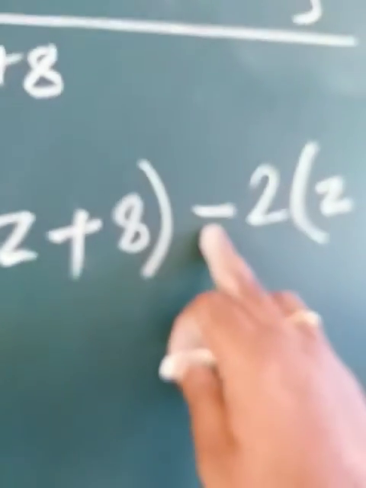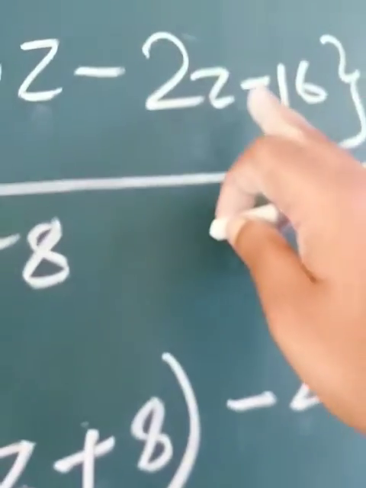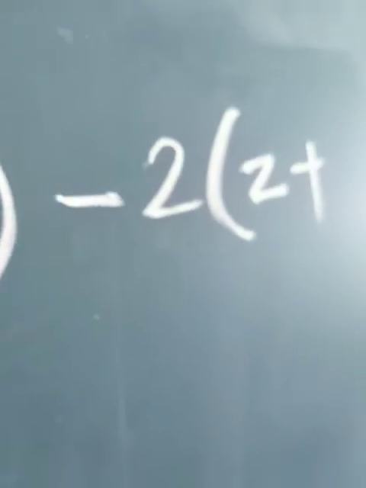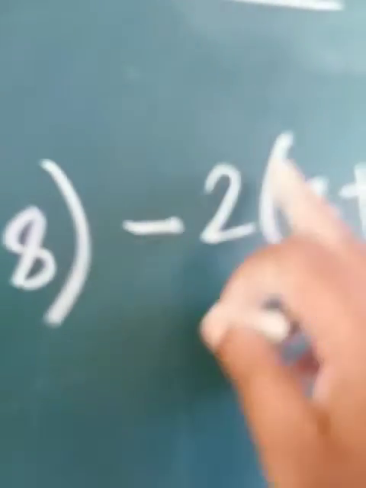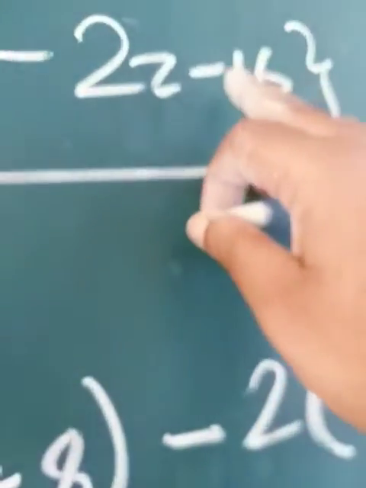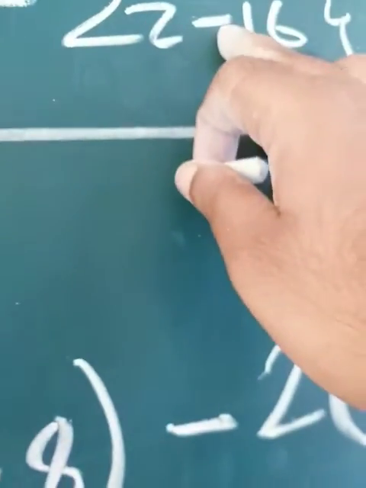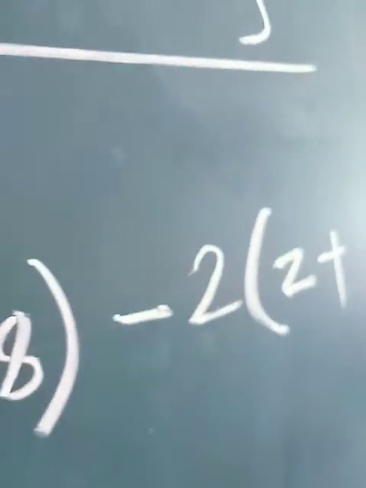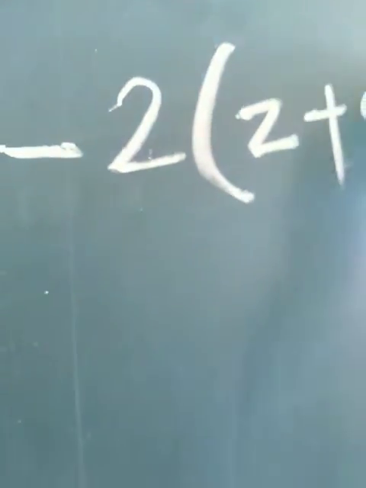Now again there is a minus sign, students, outside the bracket. So which sign is here? Minus. So we'll put plus. Always remember, when you see a minus sign outside, then you will write the reverse sign. That is, if it is minus, then you will write plus. If plus sign is there, then you will write minus. Now, if you divide 16 by 2, what is the answer? 8. Absolutely right. Now, divided by z plus 8.